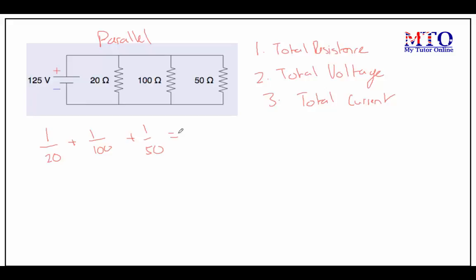Okay, so we take out our calculator. If you can do it in your head, that's even better. And we get 1. So the answer we get from this is 0.08 as our total resistance.